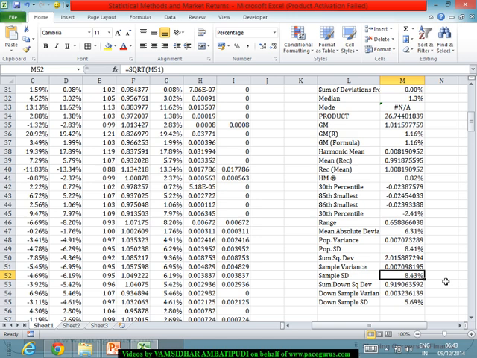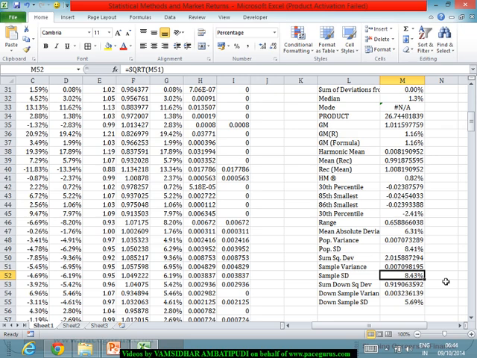So this is a way out where I can look at only the downside, right? I am not taking all the observations and I am not finding out the squared deviations of all the observations, only those observations which have fallen lesser than the mean. I have typically evaluated the standard deviation and the variance associated with them.